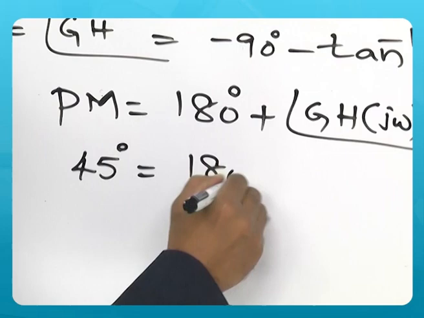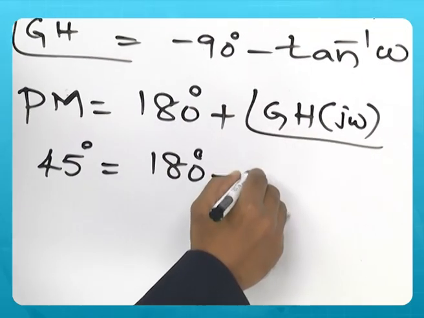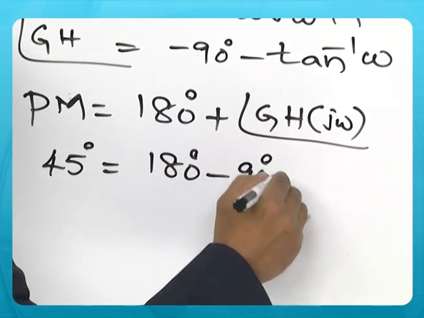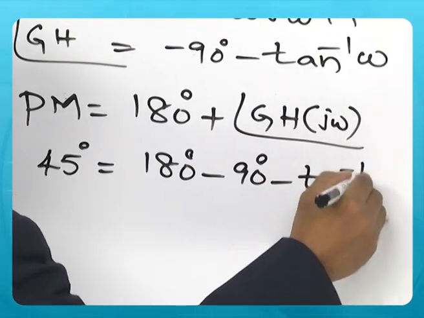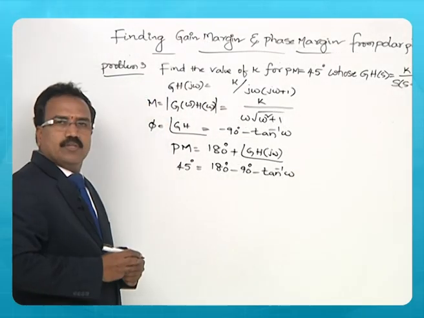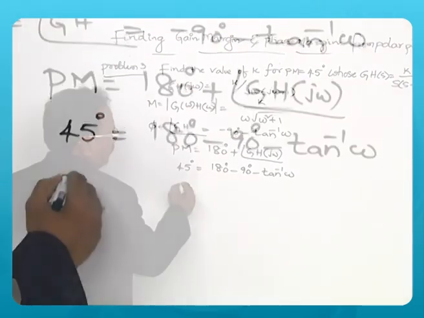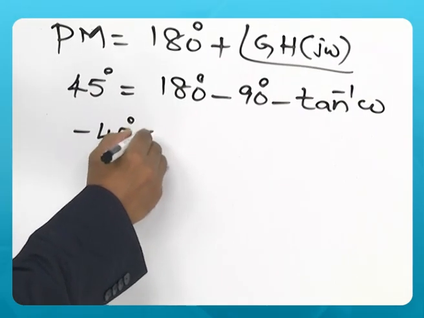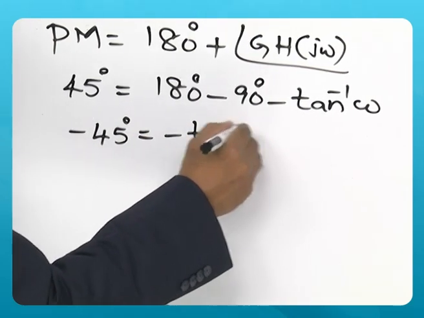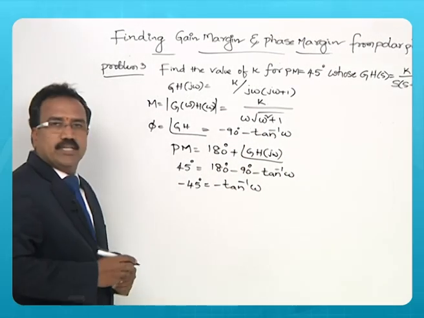This is equal to 180 minus 90 minus tan inverse omega. So you can see that this is 90, this is 45. If we simplify this, minus 45 is equal to minus tan inverse omega.